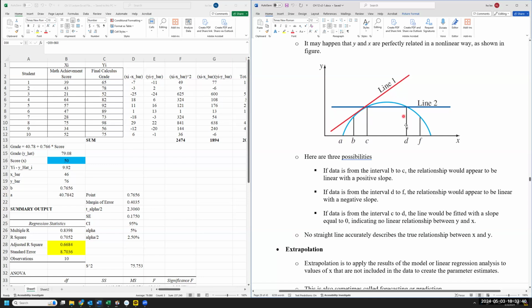So if you get this bubble right here, specifically from C to D, or even from A to F, you would find a regression with a slope equal to 0, which indicates there's no linear relationship between Y and X. And you would say, oh, X has no impact on Y. X does not influence Y. But all of these would be untrue. X and Y are related, but not in a linear way, but in a non-linear way. So you really have to be careful.